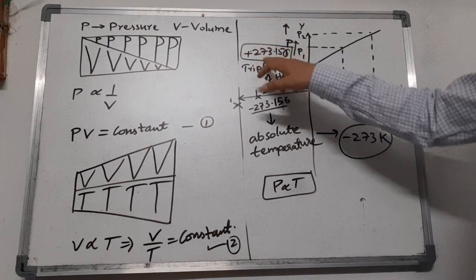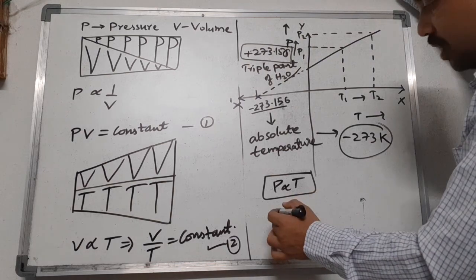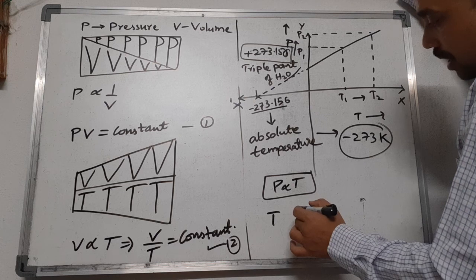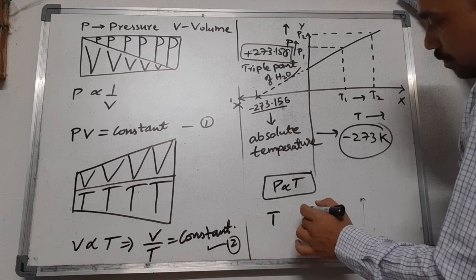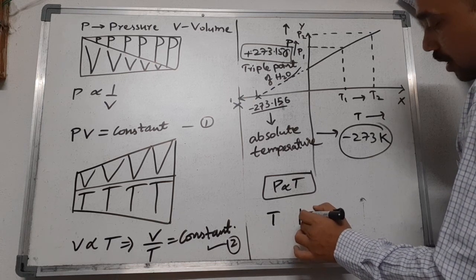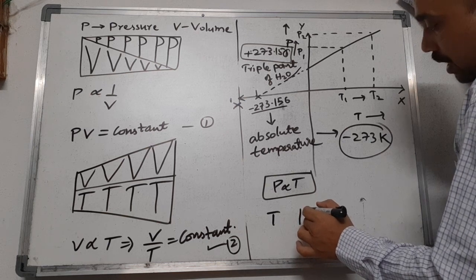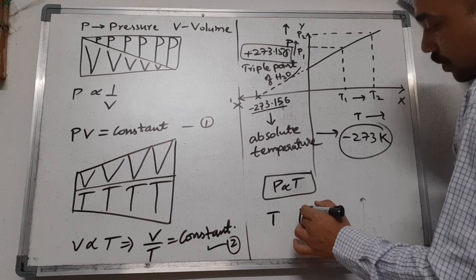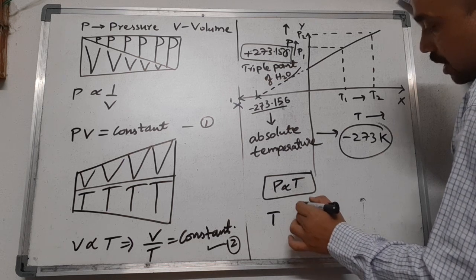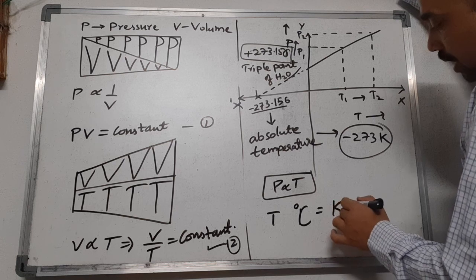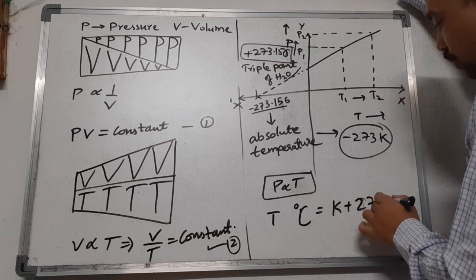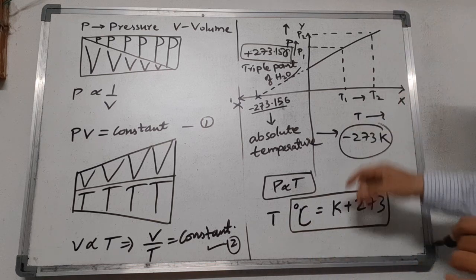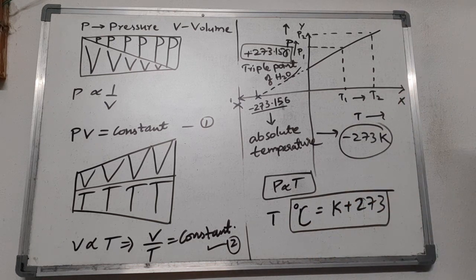We take this because there is a relation between degree Celsius and Kelvin. If you want the temperature in degree Celsius, you have to subtract 273 from Kelvin; if you add 273 to degree Celsius, you get Kelvin.